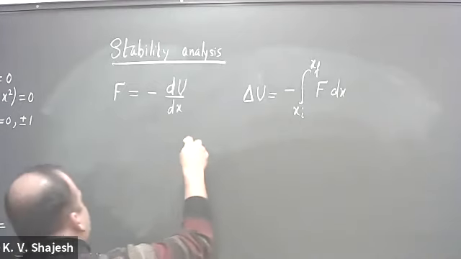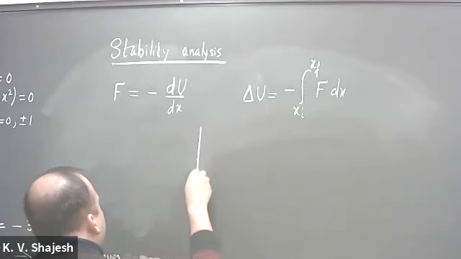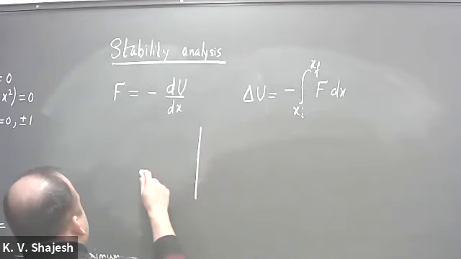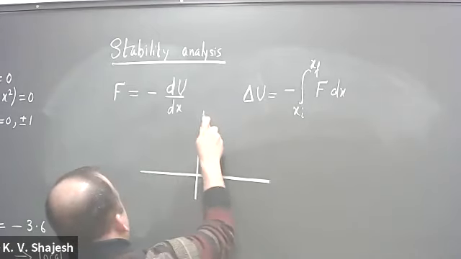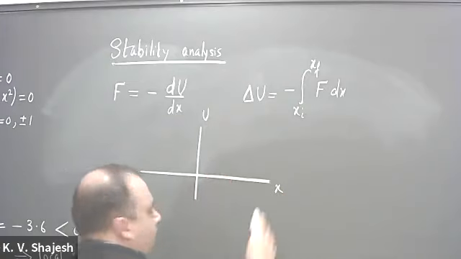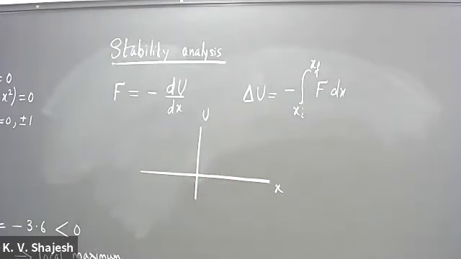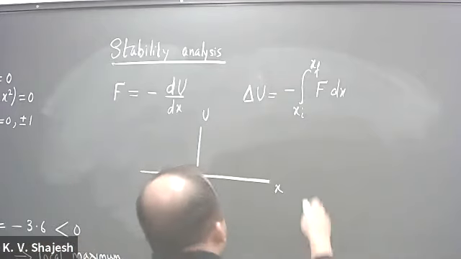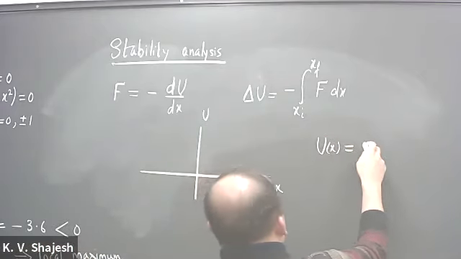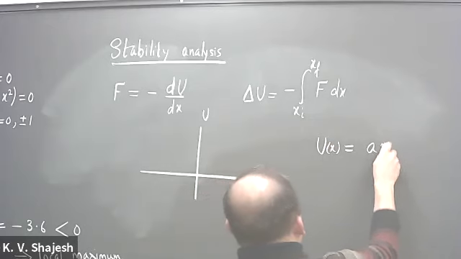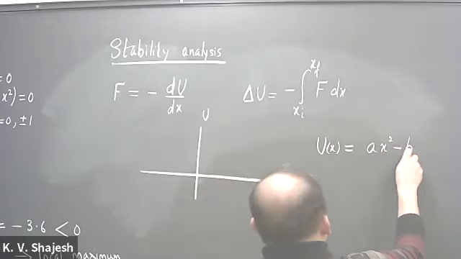So if I had a curve for potential energy, so that's your u, that's my x. Let me take a specific example. Let me say u of x is equal to ax squared minus bx to the 4.